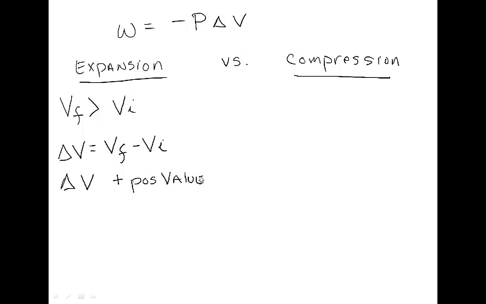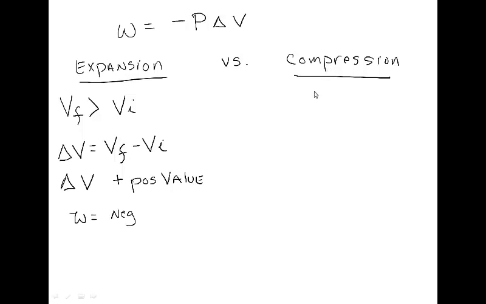Again, sign and magnitude. If you put a positive delta V in here, your work will mathematically be a negative value, which correlates to the system expanding or pushing against the surroundings.